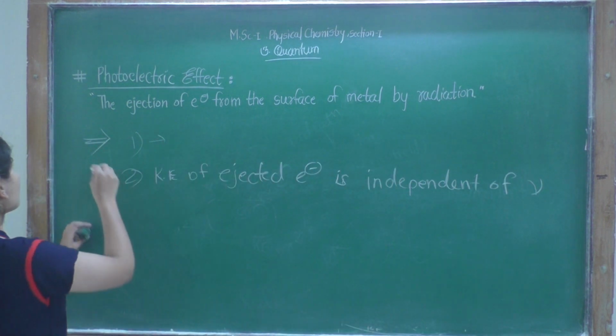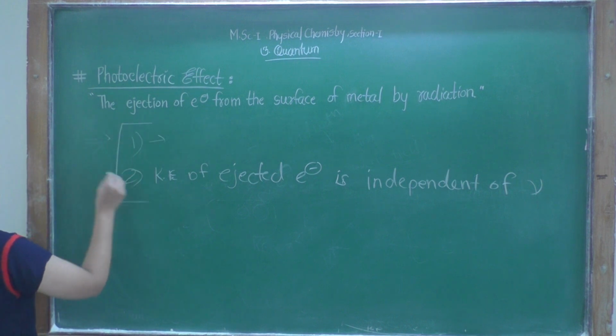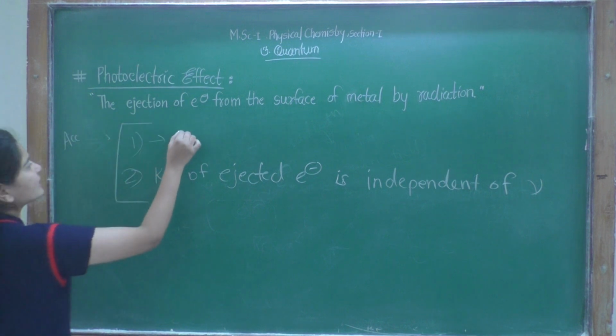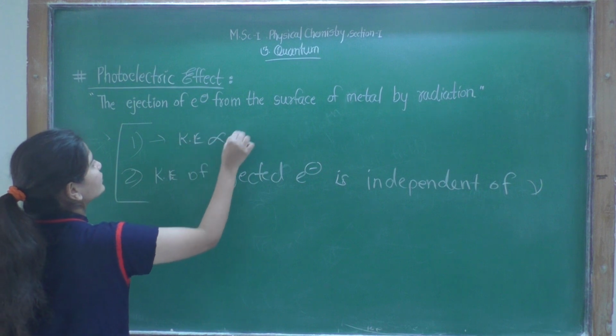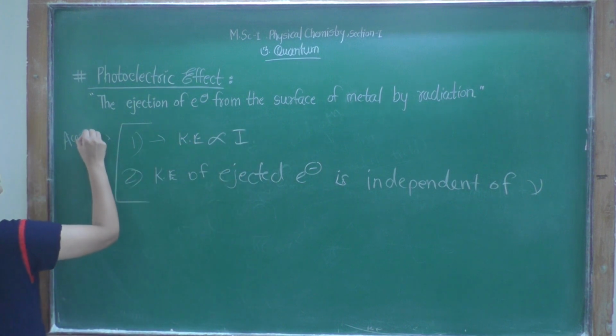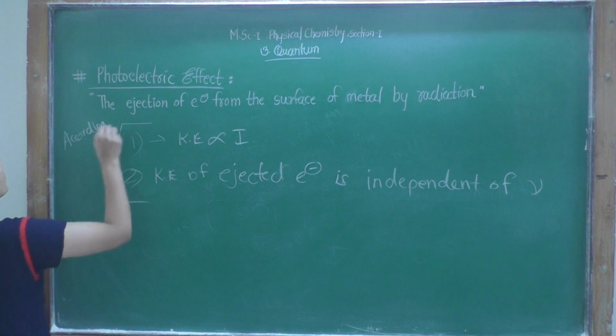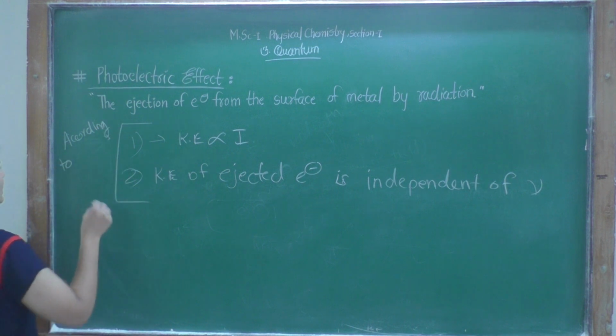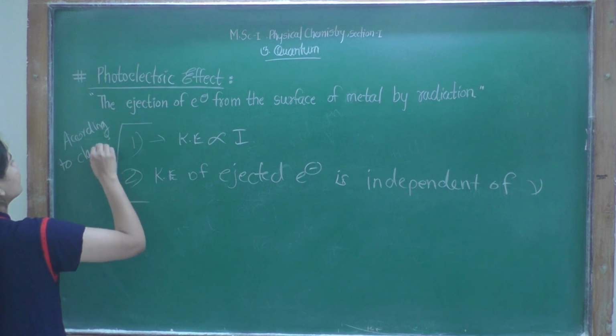These are the assumptions of classical theory, where kinetic energy is proportional to intensity.